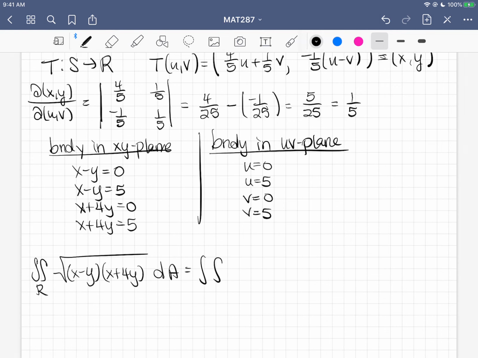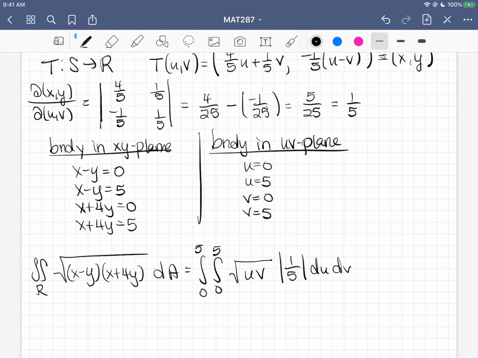So the integral from 0 to 5 of the integral from 0 to 5, square root of u times v, times the absolute value of the Jacobian, 1/5, du dv.